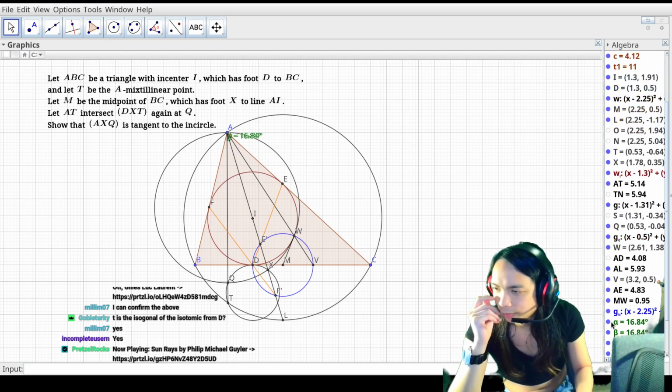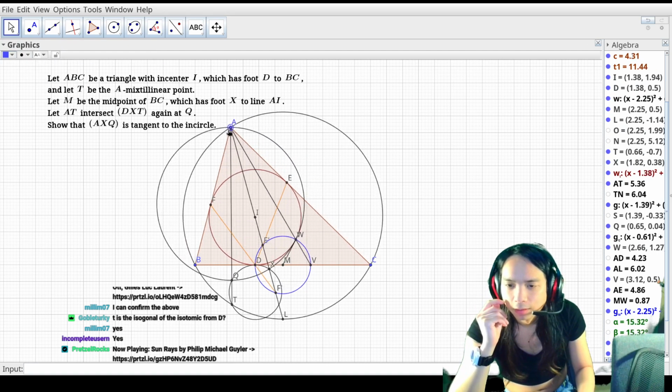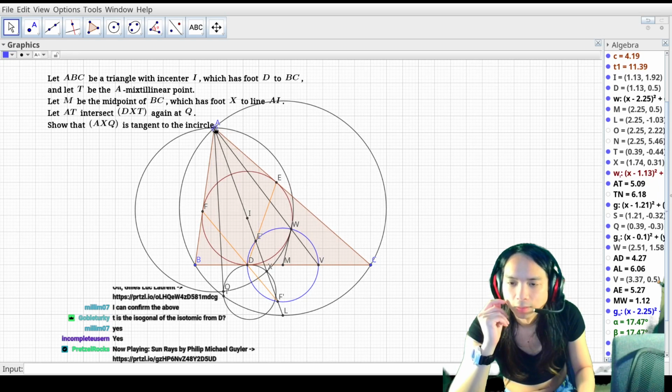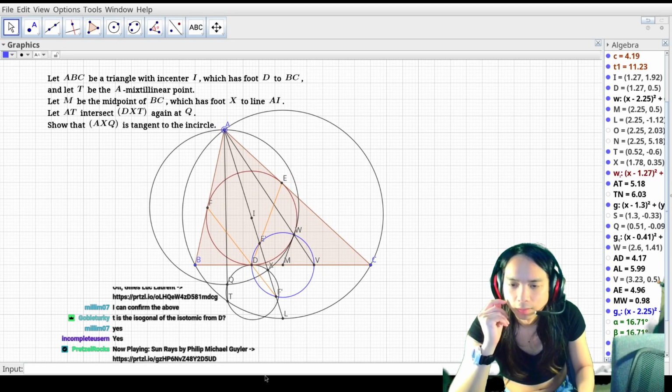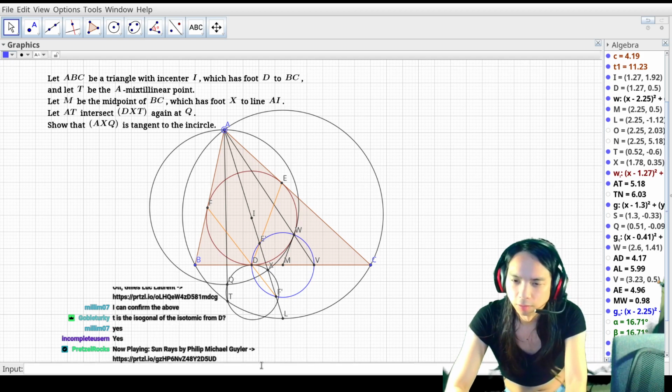I'm going to hide the angles because they're actually getting in the way a little. Those aren't clear.